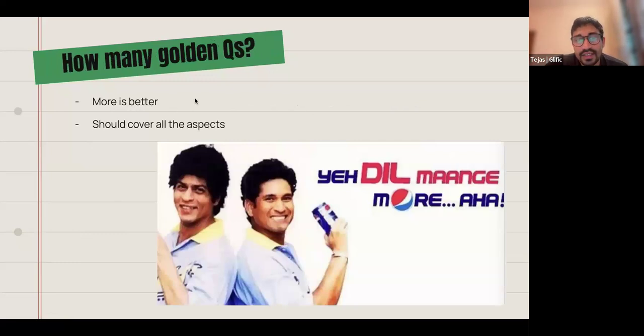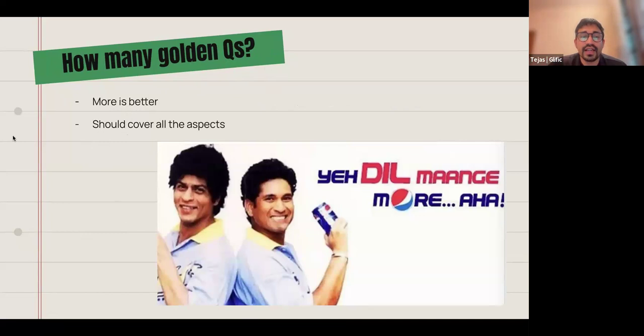And then the question about the most appropriate number of golden set questions. Ideally, think of the golden set as the more the better, and it should cover all of the aspects.